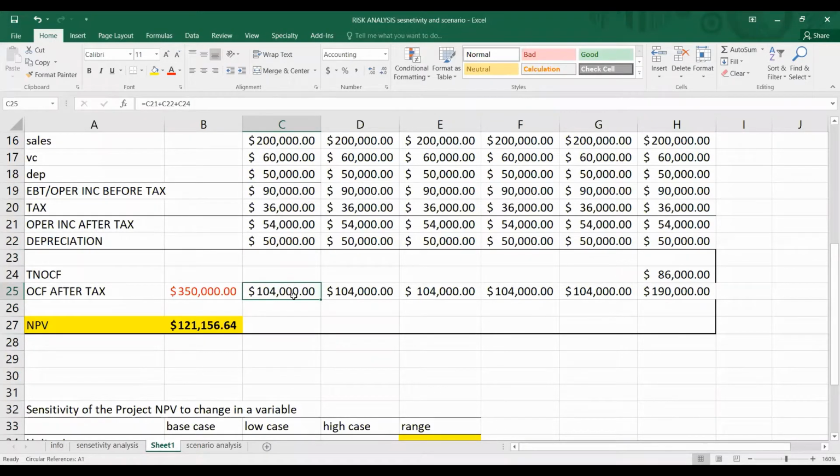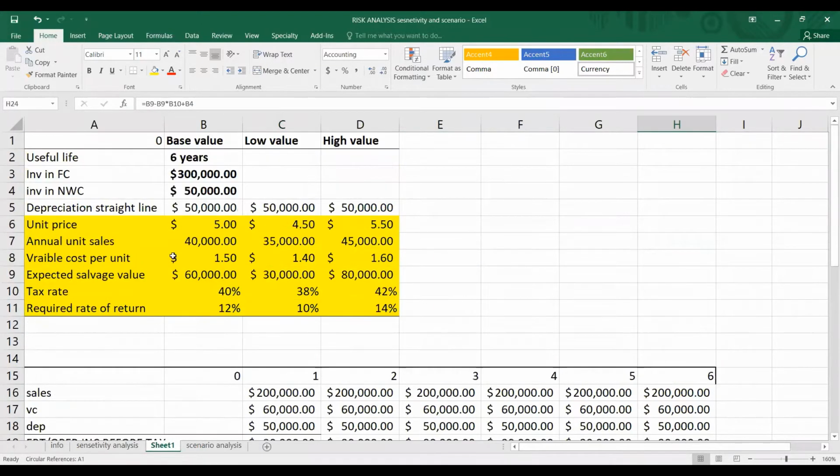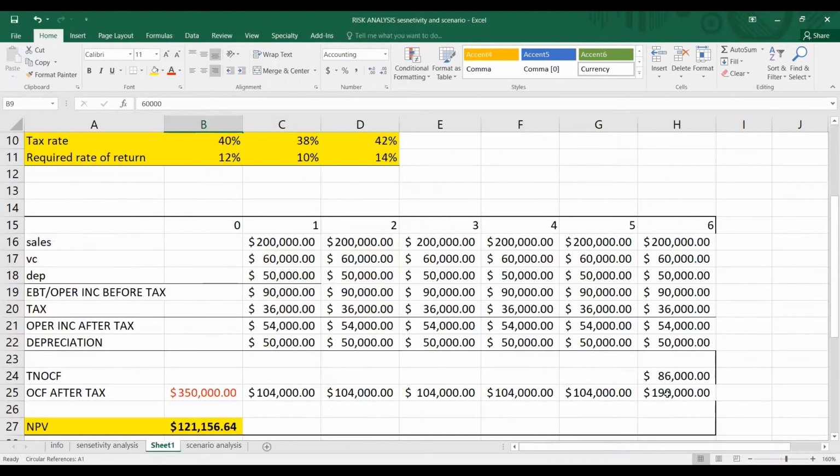And we repeat all this for all years except the last year. The last year has a terminal non-operating cash flow. Expected salvage value is 60,000 in the base case.